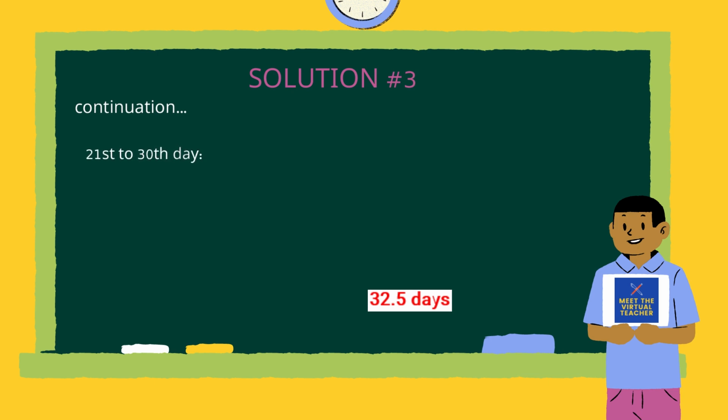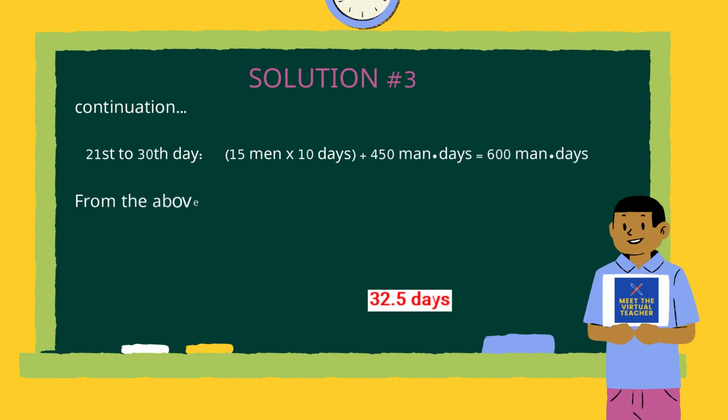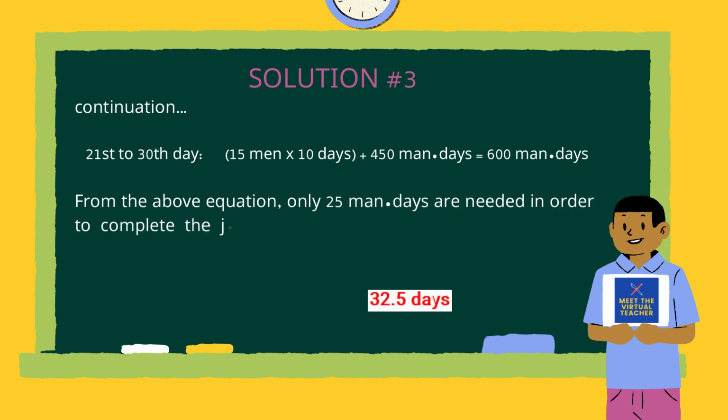From the above equation, from 21st to 30th day, we can see that only 25 man days are needed in order to complete the job. So, we will expect that the job will be completed in 30 plus days with 10 men left.